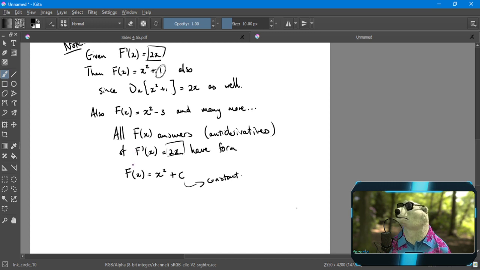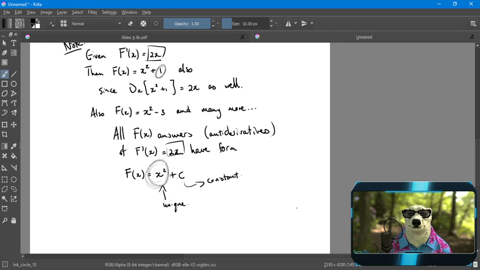Okay, so this is the antiderivative question: given a function that's the answer to a derivative, I don't have a unique answer for the original function that would give me that derivative, but it's really not that bad. It is this essential x squared in this example that is unique. There is a portion of it that's unique.